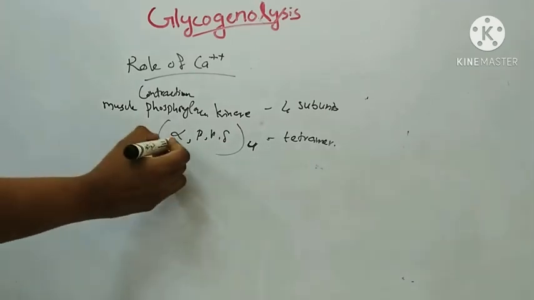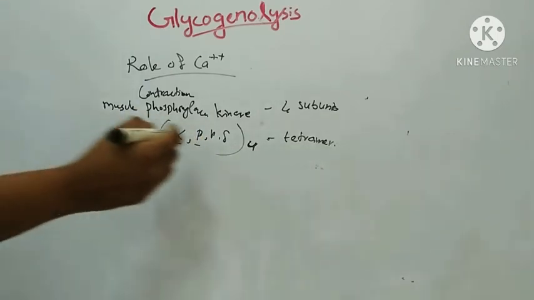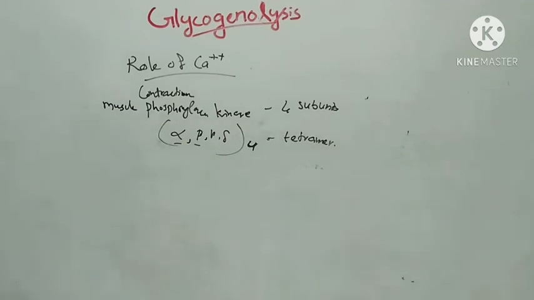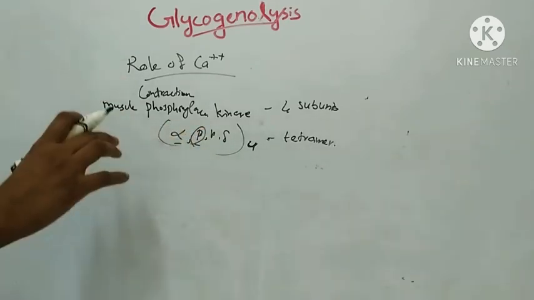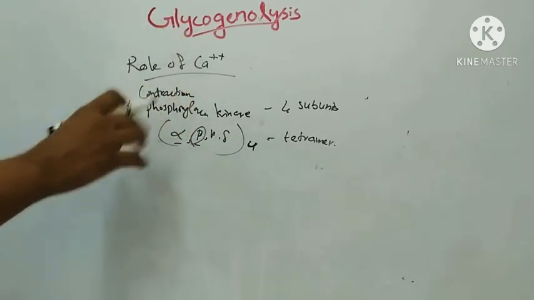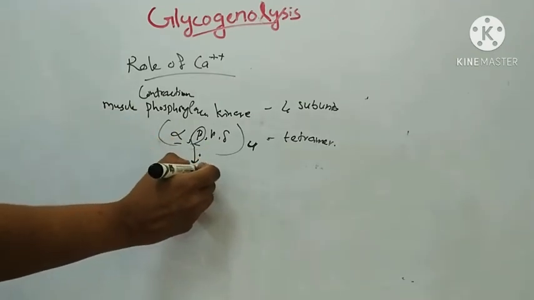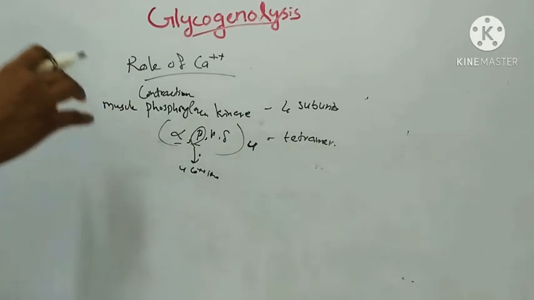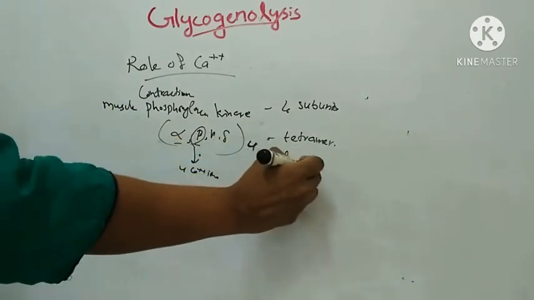In this, the alpha and beta subunits contain certain serine residues that are phosphorylated by cyclic AMP dependent protein kinase. The beta subunit binds 4 calcium ions, and it is identical to the calcium binding protein calmodulin.